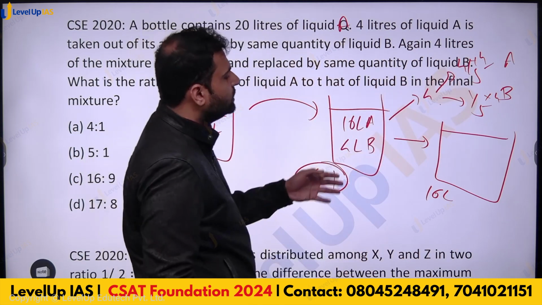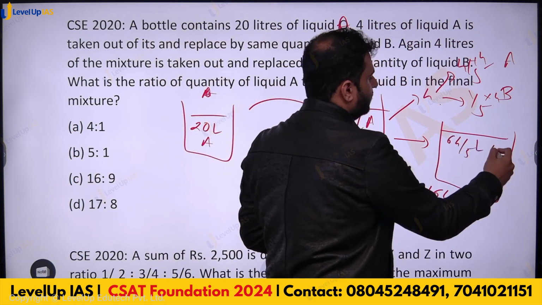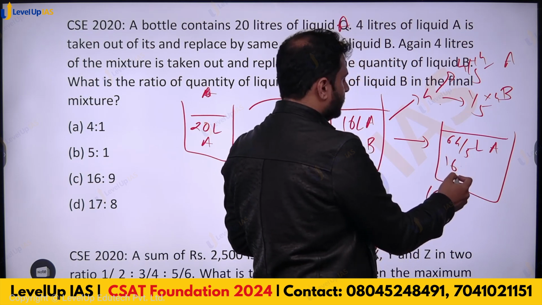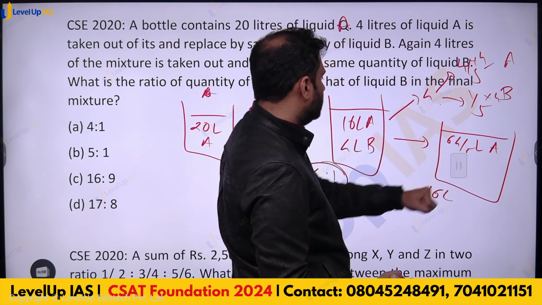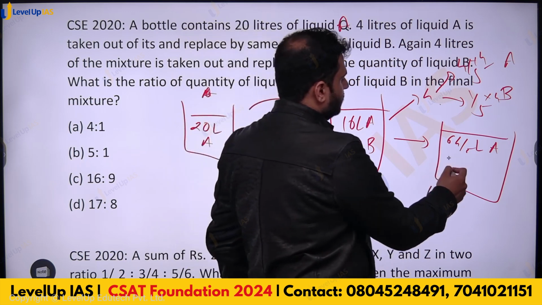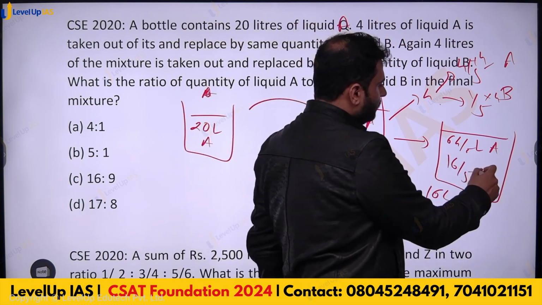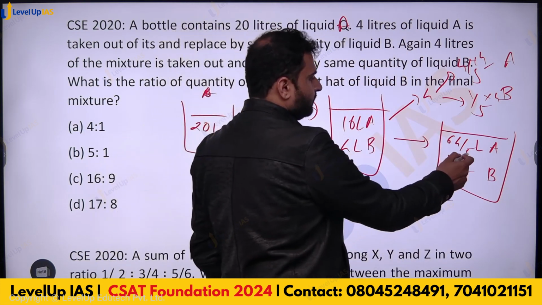which is 64 by 5 liters of A, and the remaining is 4 minus 4 by 5, which is 16 by 5 of B. Total mixture is 16 liters.